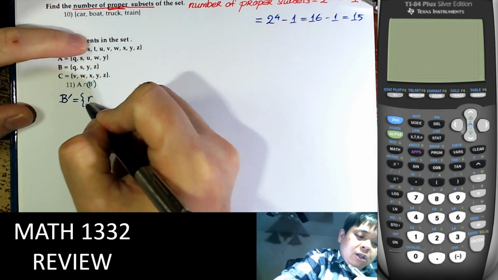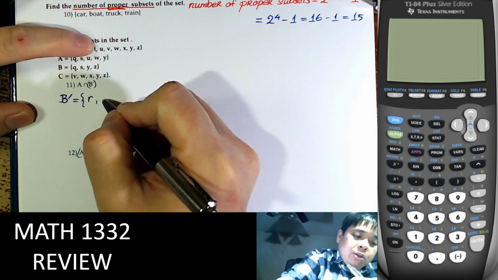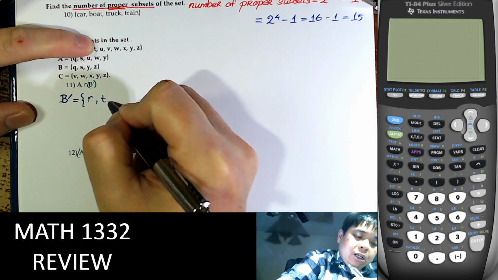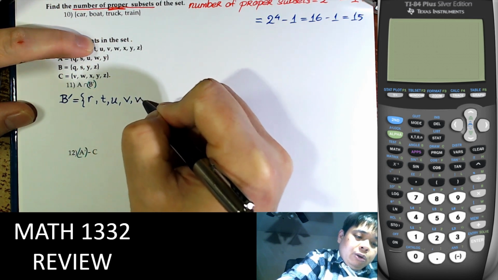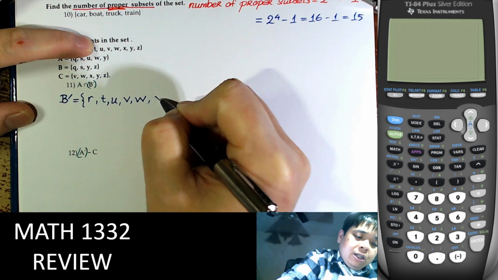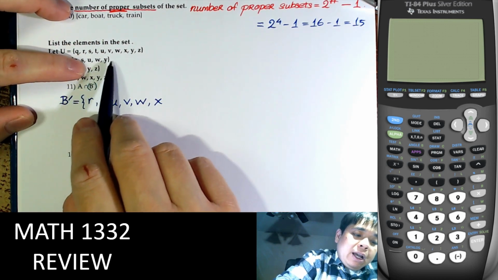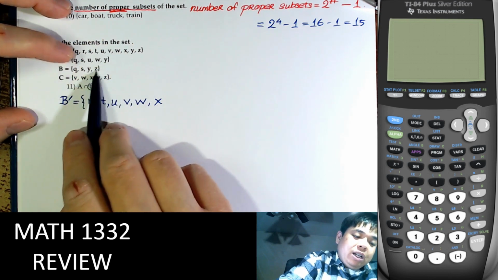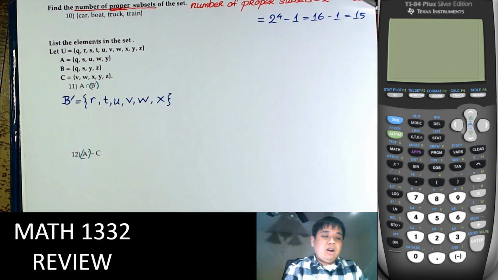There's no R. There's S already. So the T, U, V, W, X. So that is B complement. And then we have Y and Z already. So this is not in B.